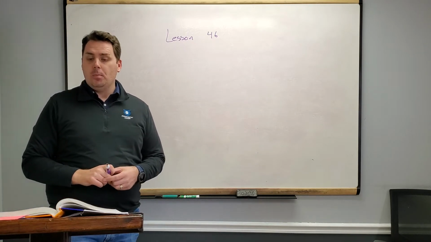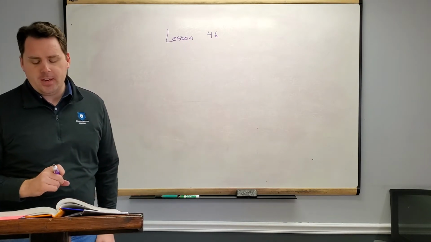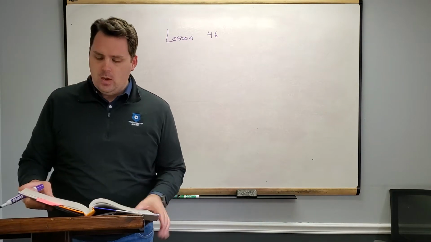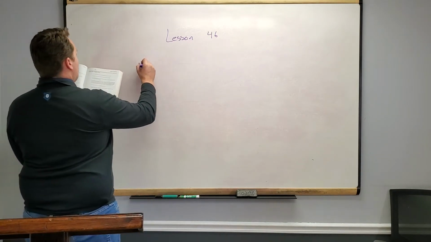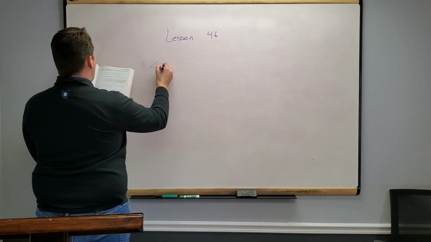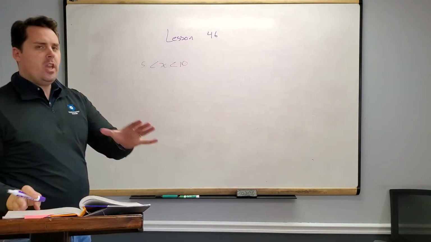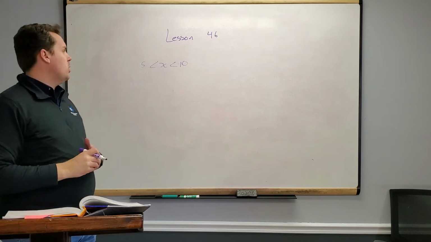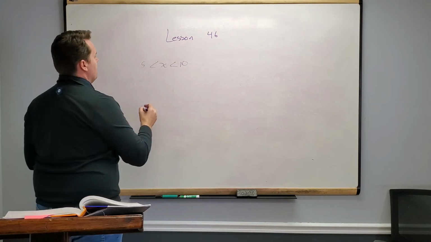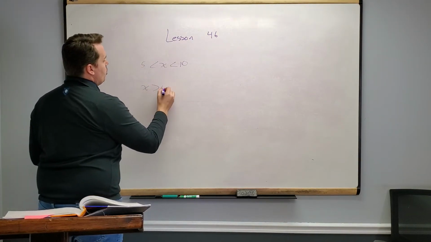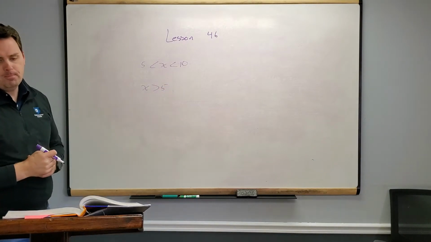46.1 says on page 185, draw a number line and graph the solution, and they give us this: 5 is less than x, less than 10. Let's change that to define what x is, okay? If 5 is less than x, x has to be greater than 5, right?